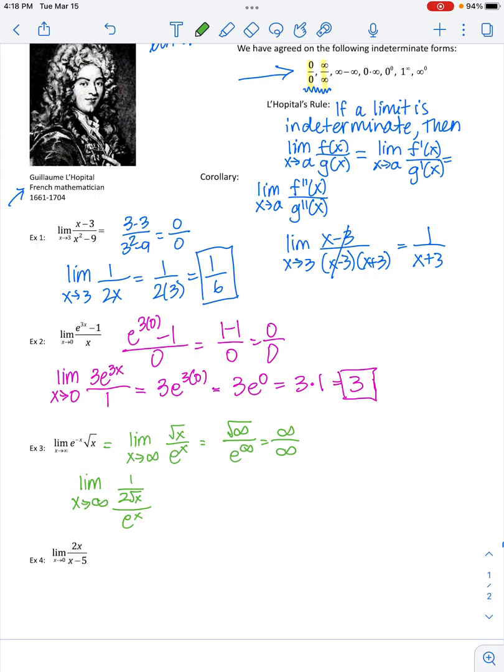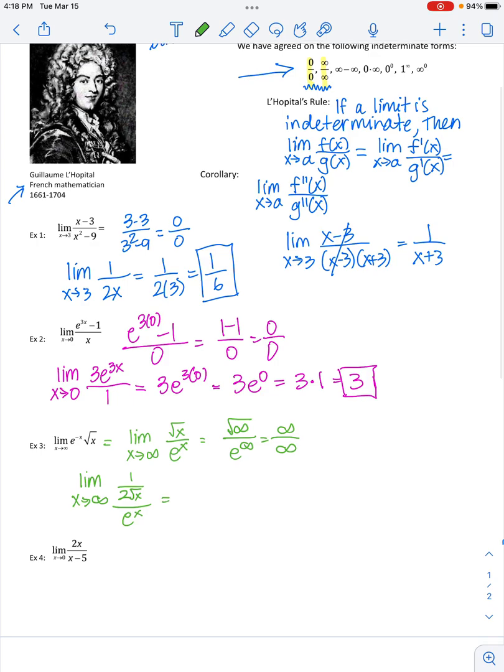Now I can combine these expressions, and basically I have 1 over 2 root x times 1 over e to the x. Well, I probably wouldn't write that first. I would probably do this first, and then take the limit as x approaches infinity of that.